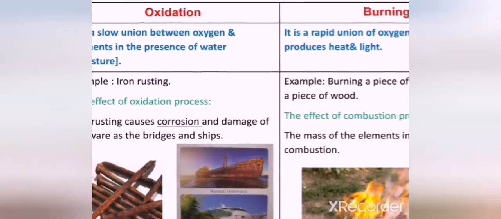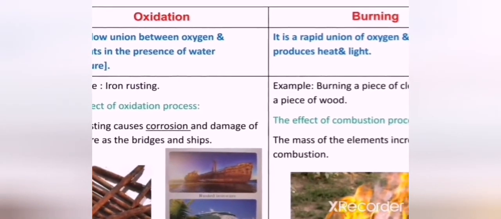But examples about burning, like burning a piece of cleansing wire or a piece of wood or a piece of paper, produce heat and light. It's a rapid combination. It doesn't take a long time. It takes a short time to happen. So it's a rapid union.